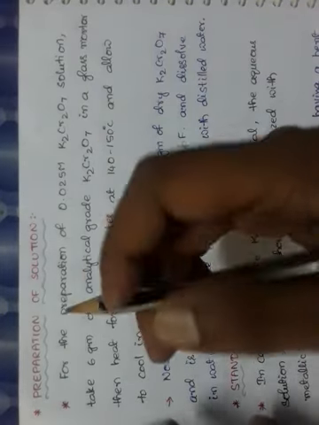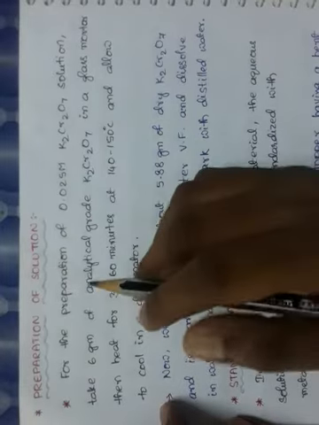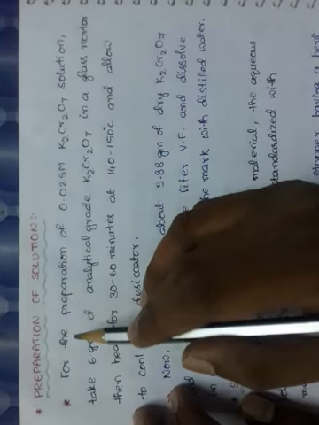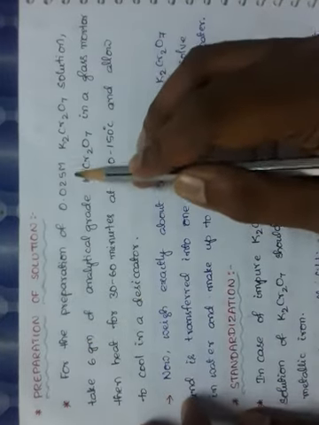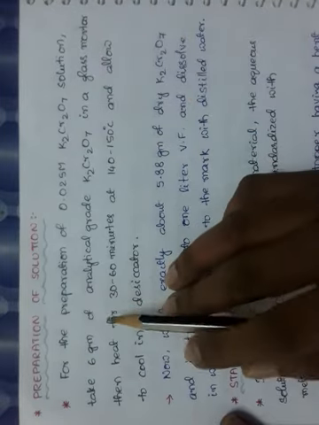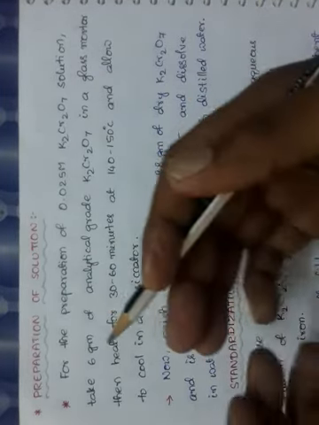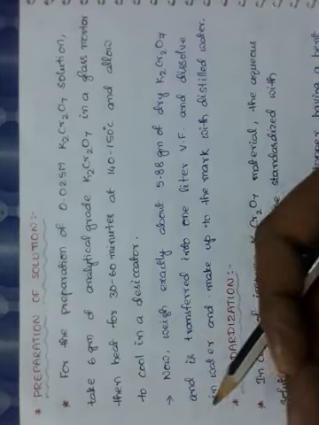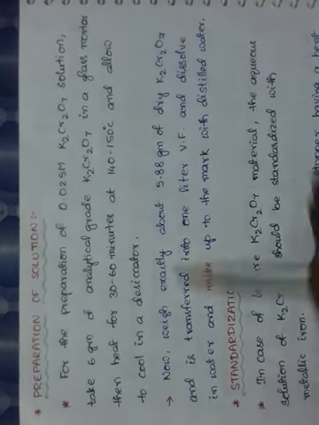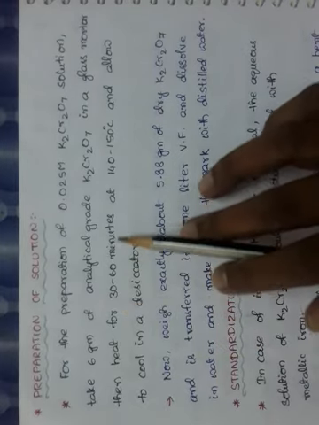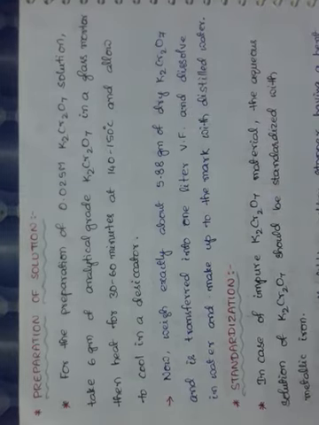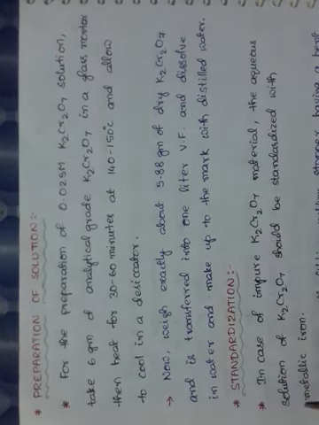Now, preparation of solution, that is, potassium dichromate solution. For the preparation of 0.025 molar potassium dichromate solution, take 6 gram of AR grade, that is analytical grade, potassium dichromate in a glass mortar, and then heat it for 30 to 60 minutes at a temperature of 140 to 150 degrees Celsius and cool in a desiccator.